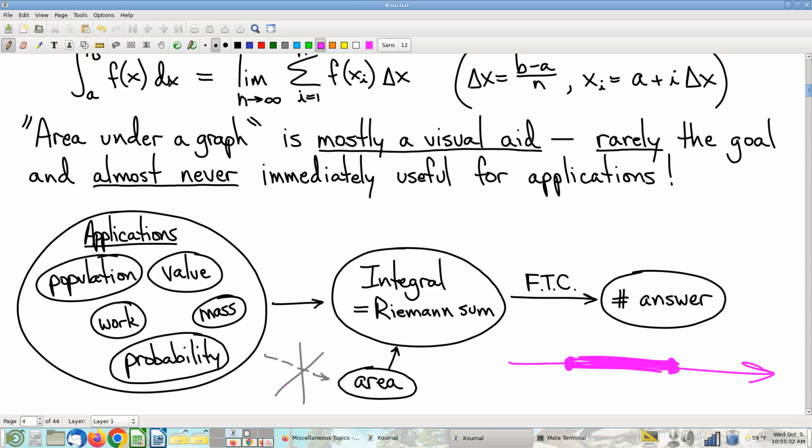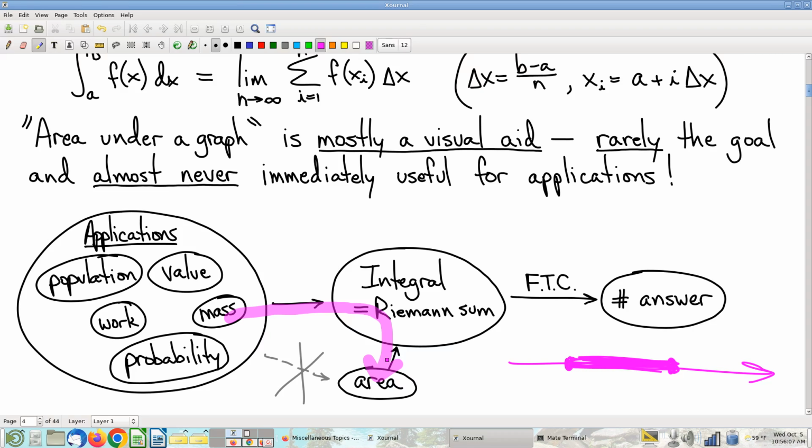Now, you can make a stronger argument, and you can say, well, I can compute mass by chopping it up into little pieces, and exactly how you flesh in the details of that argument depends on how precise you want to get. But the more meaningful and precise you are, what you're really doing is saying I can compute mass with a Riemann sum, and that Riemann sum also computes an area. So yeah, sure, you could make that connection by way of a Riemann sum, ultimately.